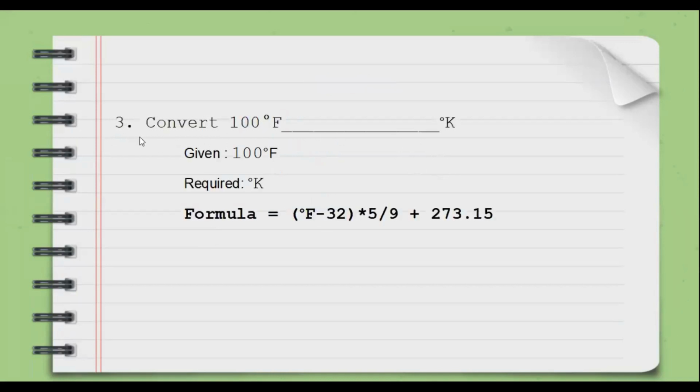So example number 3, convert 100 degrees Fahrenheit to degrees Kelvin. Again, we list down the given, 100 degrees Fahrenheit. Required is the Kelvin. So the formula of Kelvin is equal to degrees F minus 32 times 5/9 plus 273.15.